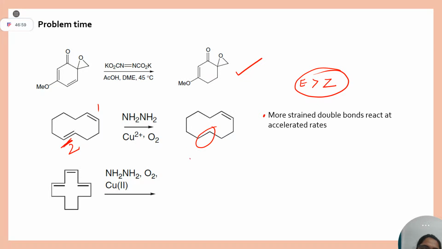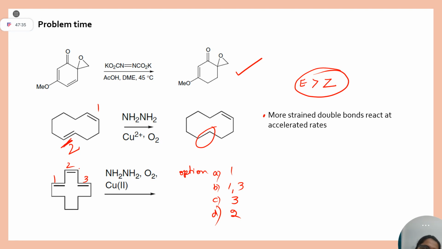Okay, let me give you options. This is your olefin 1, 2, 3. Options: 1, 1 and 3, 3, 2. Write your answer in the comment box, then see the solution. Okay, this is a chocolate question for a person who is watching my YouTube videos on this.